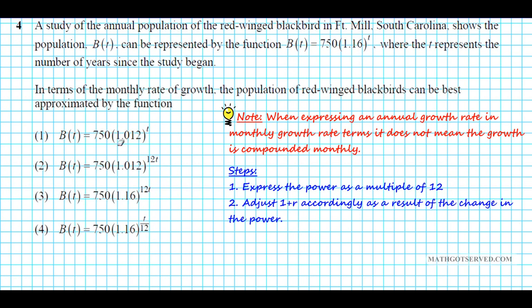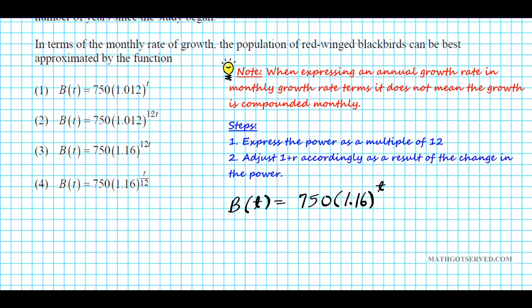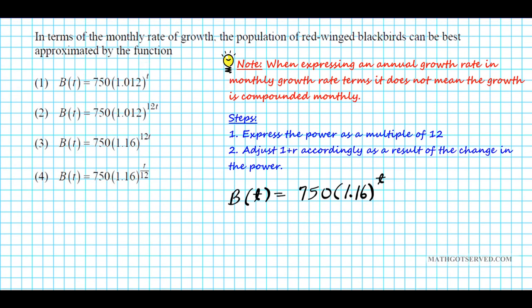Okay? All right, so let's go ahead and do that. So originally, expressing it in terms of annual growth, we have B of t equals 750 times 1.16 to the t. Now, if we want to express it in monthly growth rate terms, we are just going to do this. Check this out.